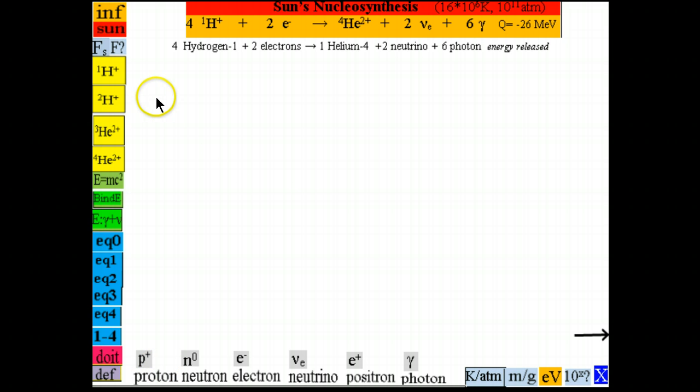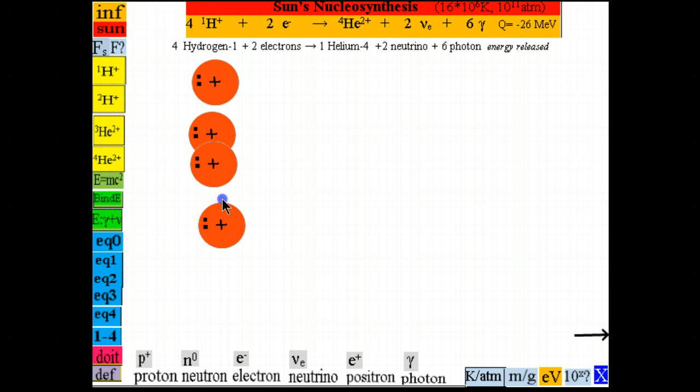We can illustrate this very easily now by double-clicking hydrogen, and you see here we get hydrogen 1. We need to do that 4 times, and we keep them apart to make very clear that they are not together in a nucleus, these 4 protons.